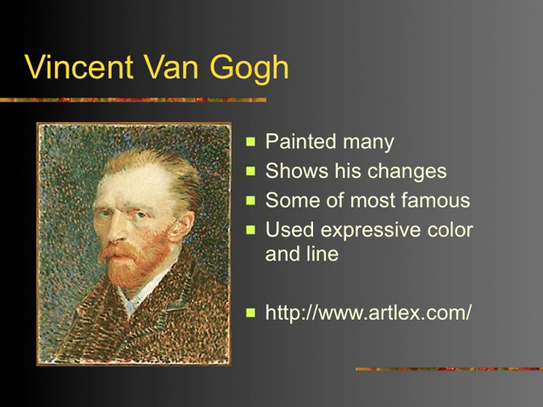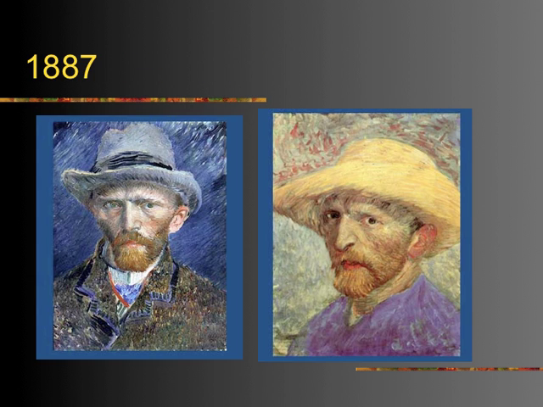I think some of his most famous self-portraits are the ones that really start to use color in an expressive way. You can see in these two from 1987, the one on the left is kind of blue and sad looking. He tried to depict that sadness. The sky starts to almost swirl in on him. The one on the right actually is him smiling just a tiny little bit.